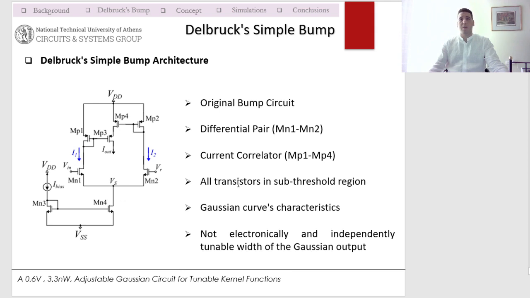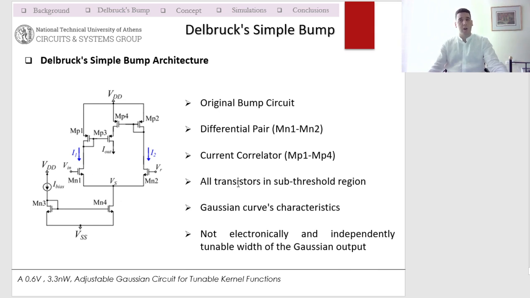There have been, of course, several implementations of Gaussian function circuits, many of them inspired by Delbruck's simple bump architecture. The most compact Gaussian function circuit consists of only 4 transistors, but it lacks tunability.